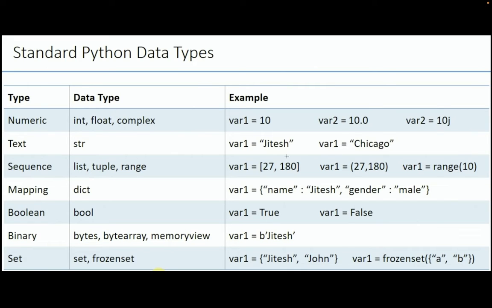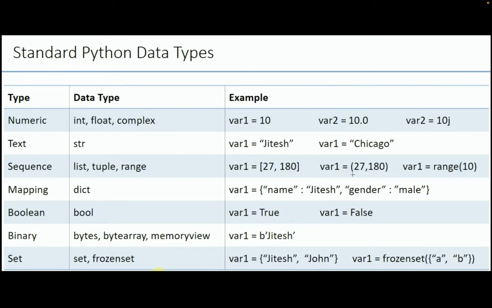Then we have the data types of list, tuple, and range, which are sequential in nature. That means the data is stored in a sequence like an array. In case of a list, it behaves like an array, which is a sequence of items and can be both numbers as well as strings.